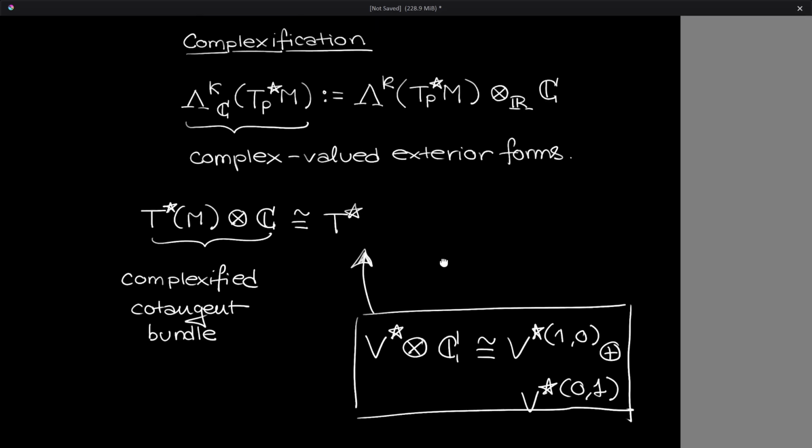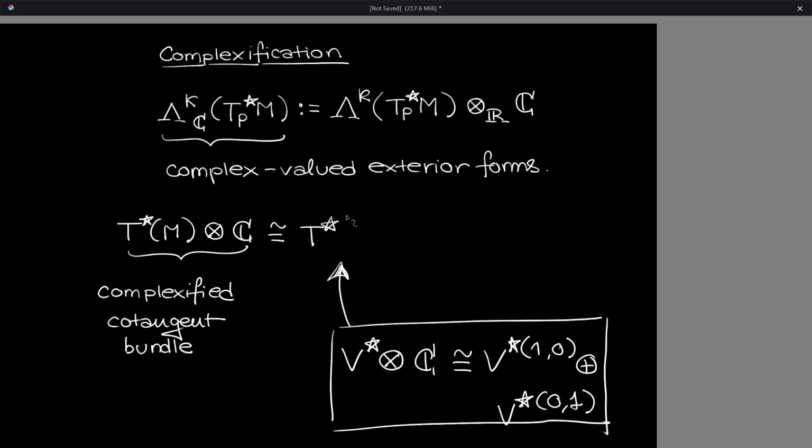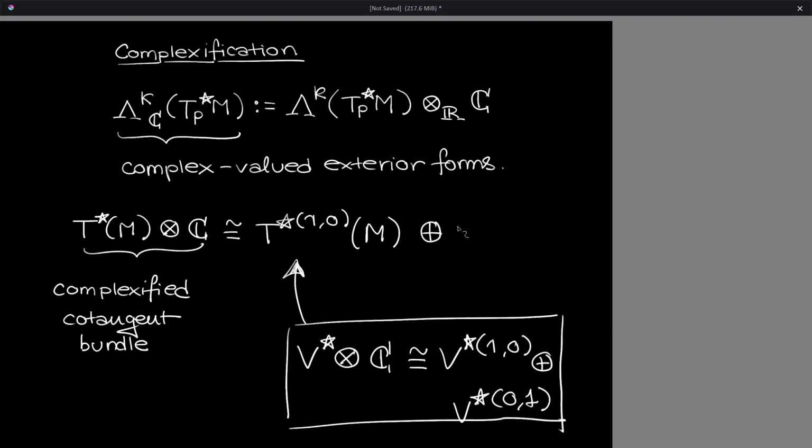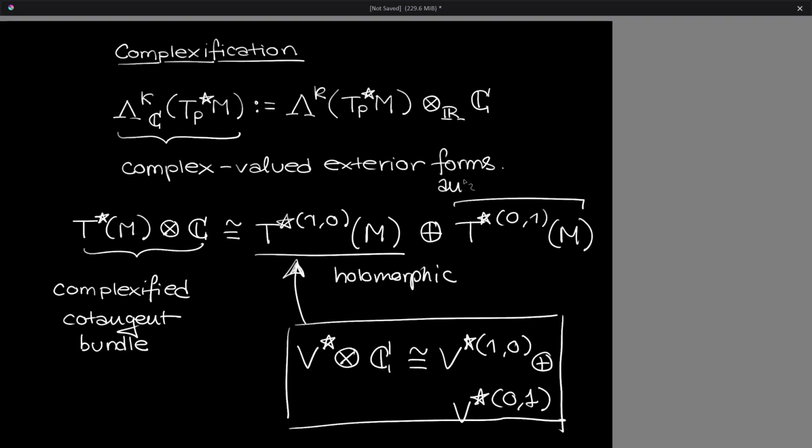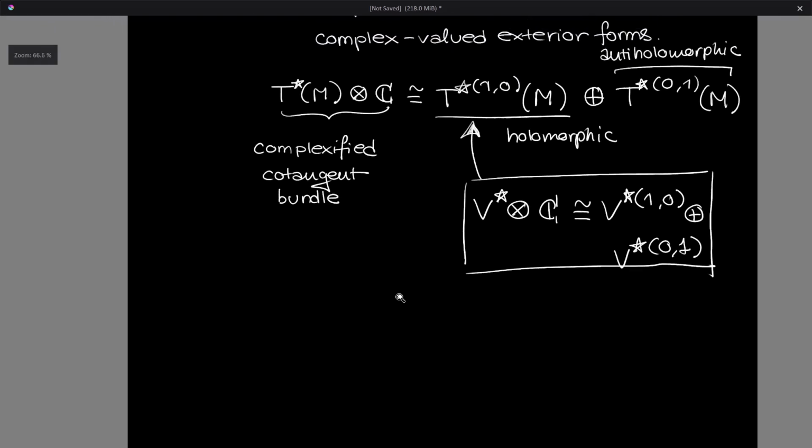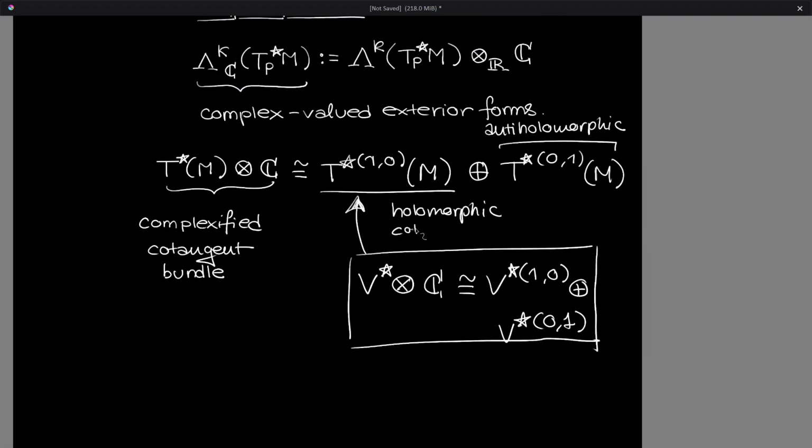So this is going to be equal to T star 1,0 M plus T star 0,1 M. So these are the holomorphic and anti-holomorphic cotangent bundles, right?